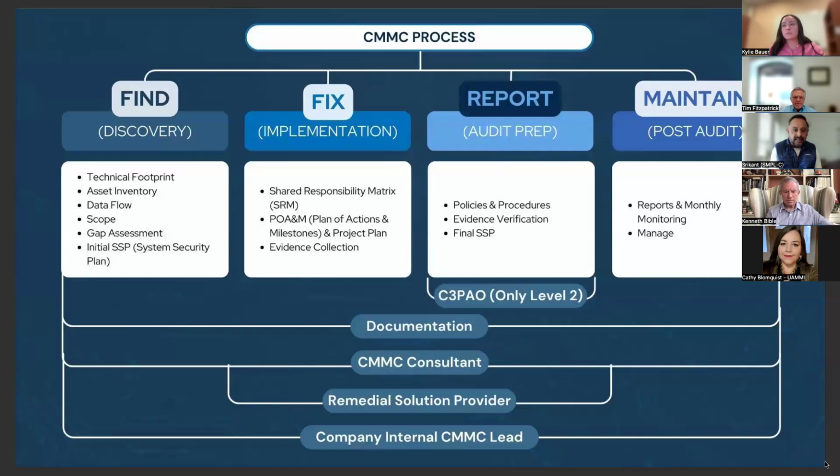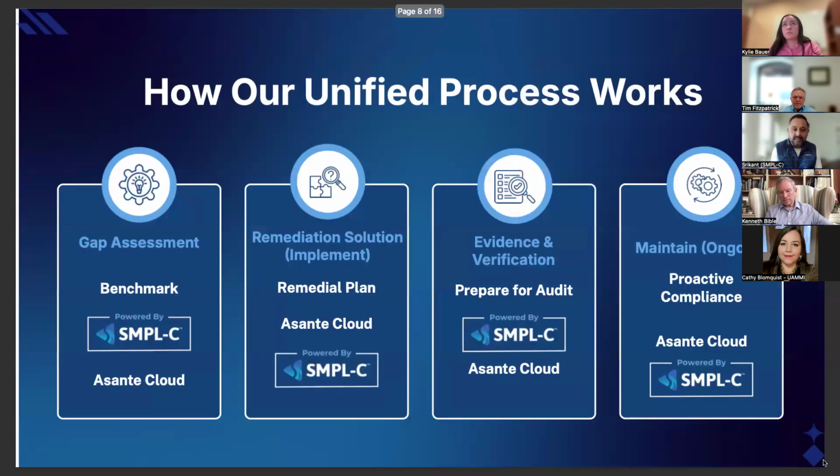Right. Let's move to the next, and this is kind of where SMPL-C and Asante Cloud work well together and basically simplify the CMMC journey for the folks, without trying to make it very marketing oriented.